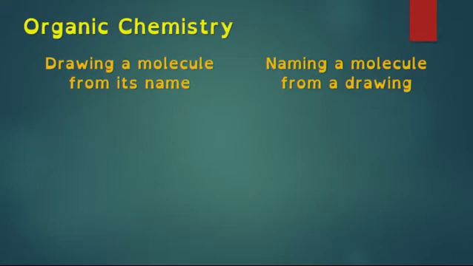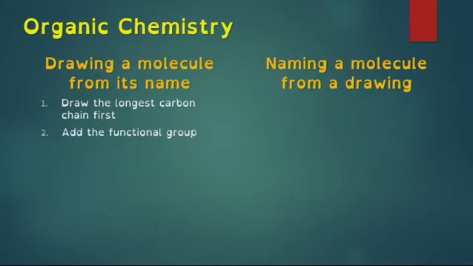So when I draw a molecule, the first thing I do is I draw the longest carbon chain. So if, for example, I'm given pentane, then I go and draw my 5 carbons. Once I've drawn my 5 carbons, then I add the functional group.